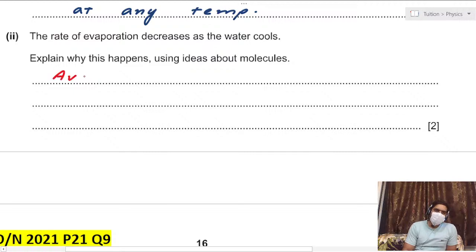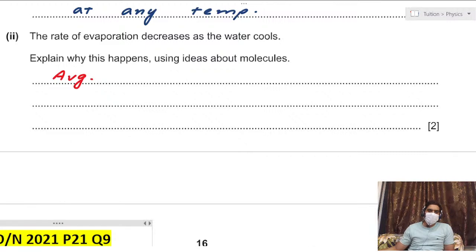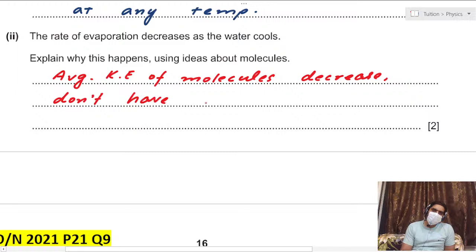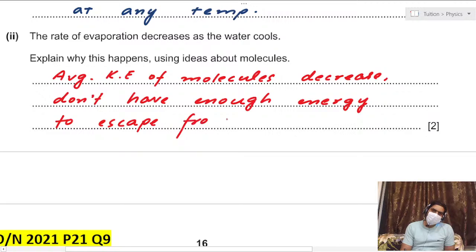So we say the average energy of the molecules decreases, and the next point would be they don't have enough energy to escape from the surface of the liquid.